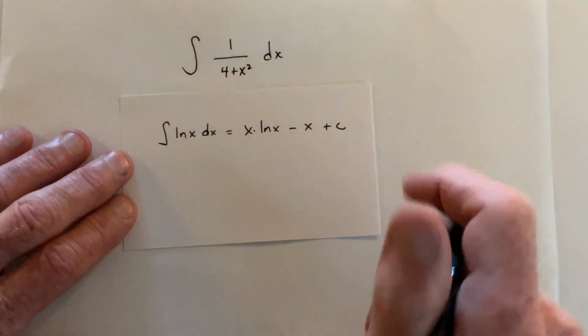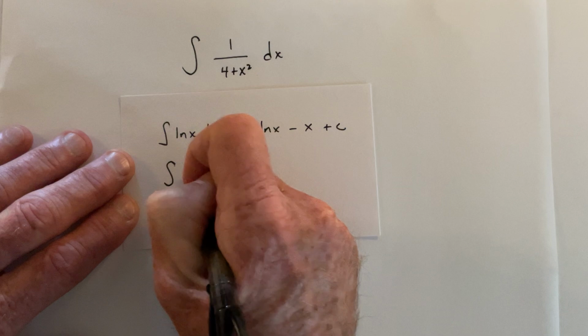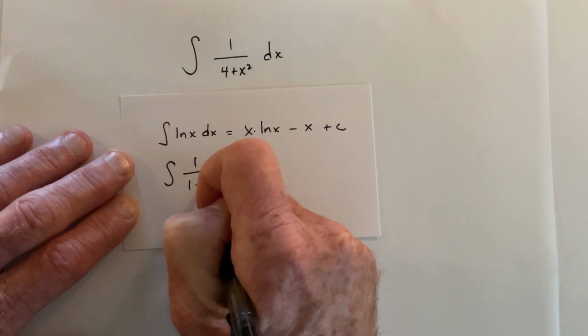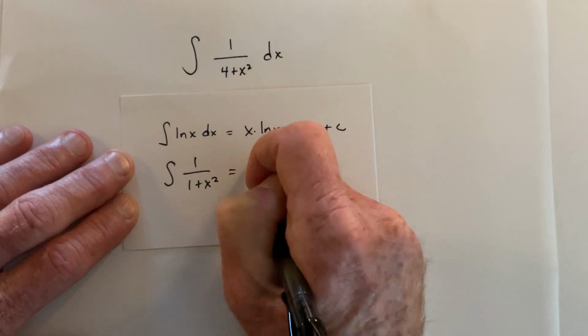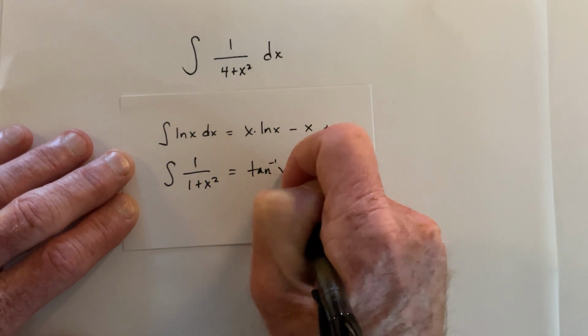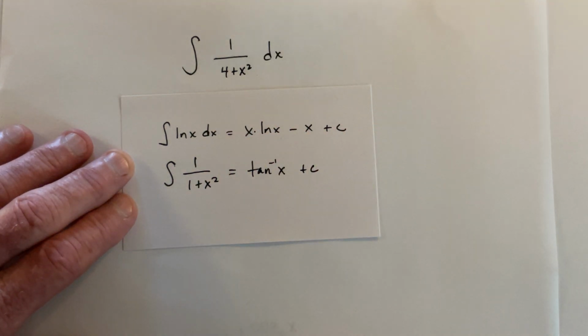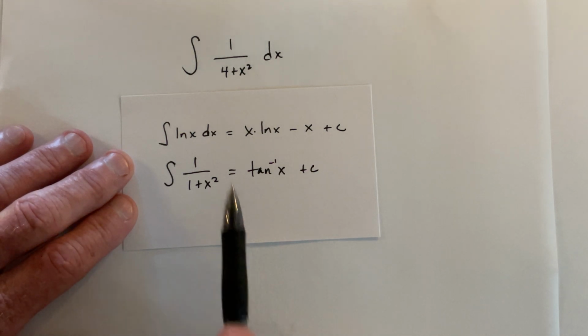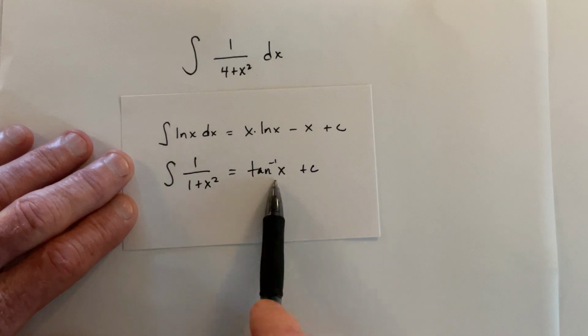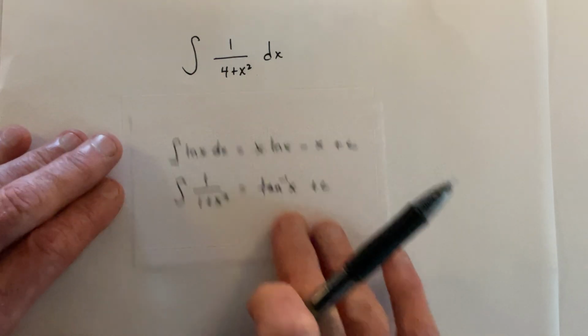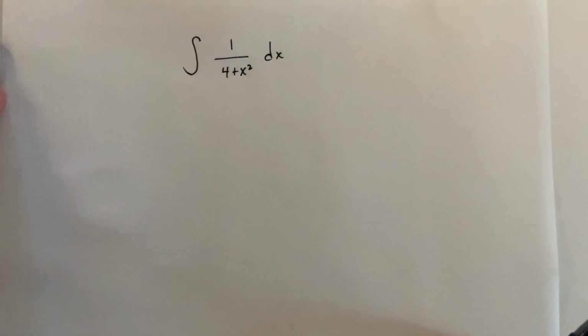For that one, on my little 3x5 card, I know that if it's integrating 1 over 1 plus x squared, then the antiderivative is tangent inverse. So the second way I'm going to do it is I'm going to try and make this look like this and go straight to the answer, tangent inverse. So this should be a faster way.